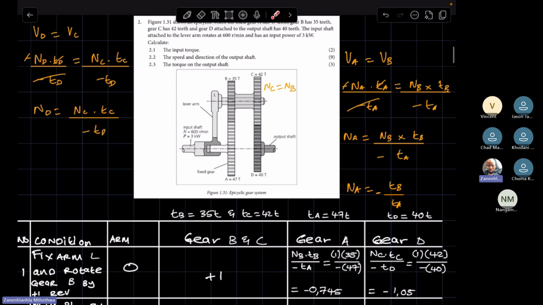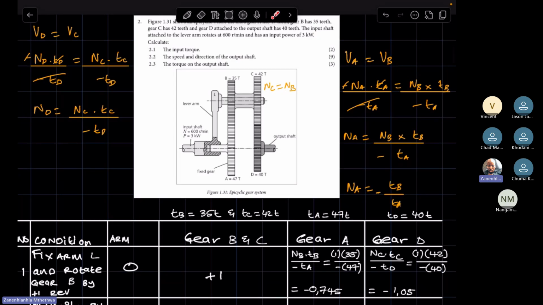The only way we can do that is by looking at the fact that NC has a relationship with gear B, and the relationship is that they're rotating at the same rotational frequency. Hence, NC is equal to NB. So if we replace NC with NB, we then express NB in terms of number of teeth.